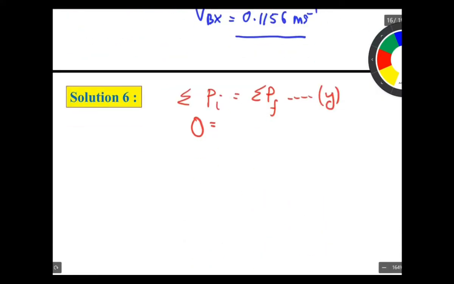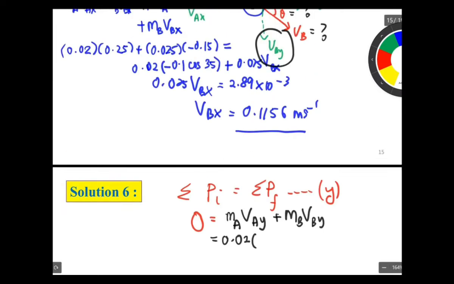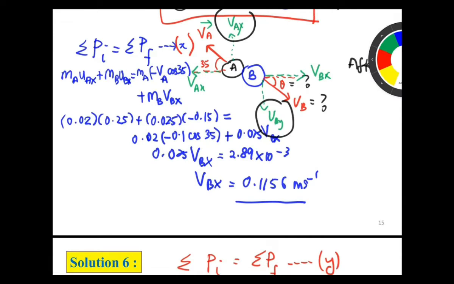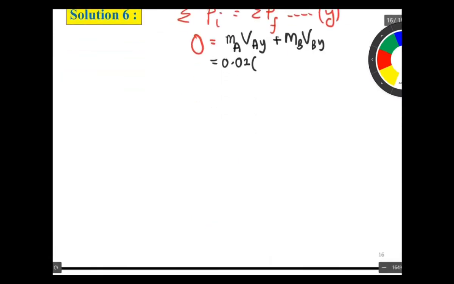Okay, so bila ada, so kita kena letak lah. Mass A, VAY plus mass B, VBY. Okay, so is equal to, mass A kita adalah 0.02 darab dengan VAY direction ke mana? Upward. Nampak? VAY kita upward ke atas. So positif.